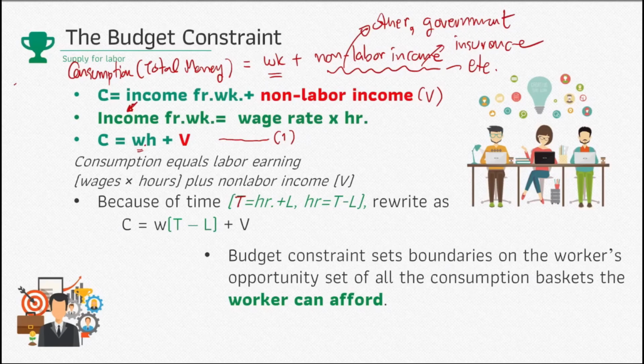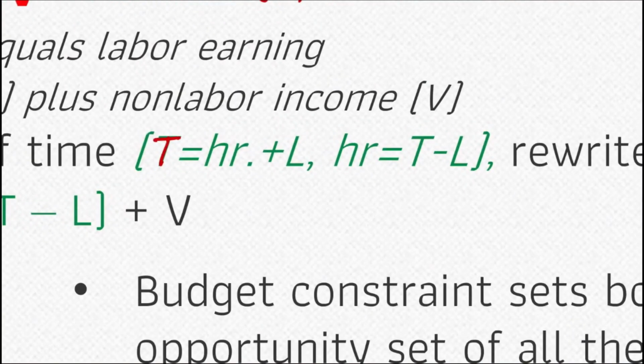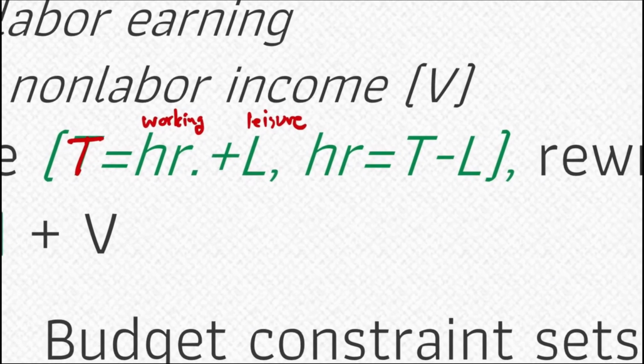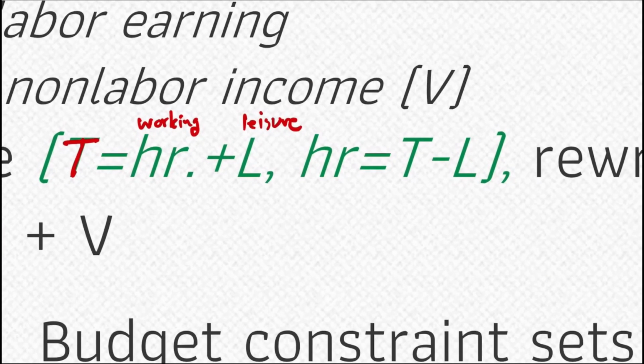Total time is equal to working hours and leisure. Then working hours is the total time 24 minus leisure. Okay, total time minus leisure.